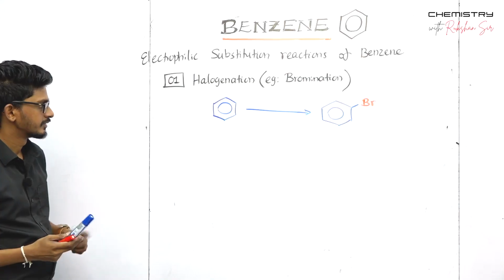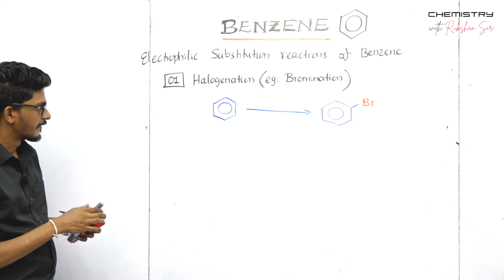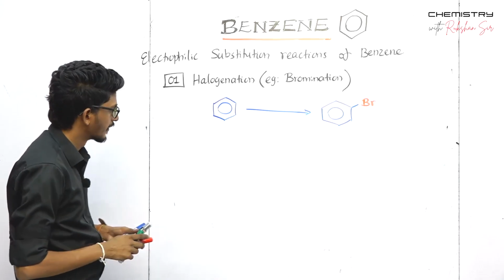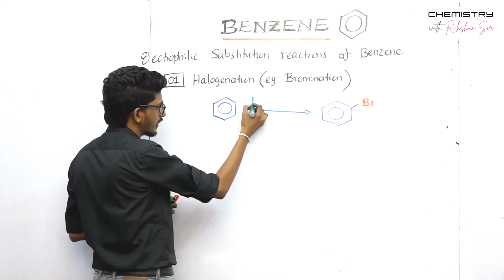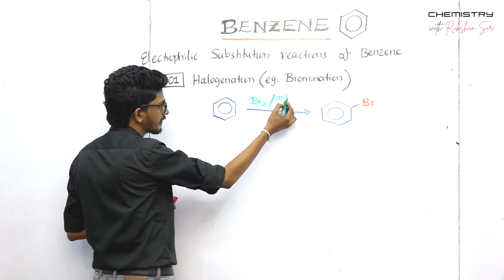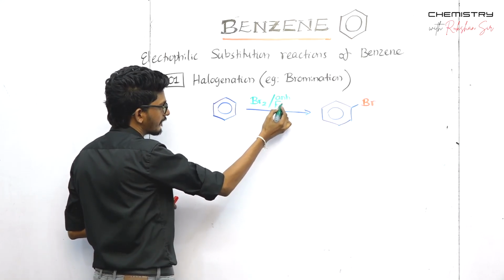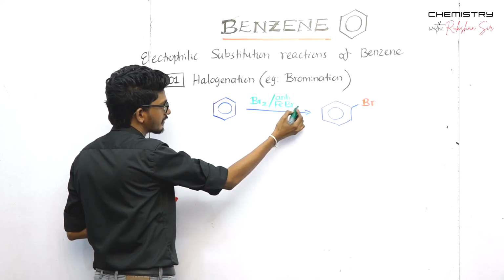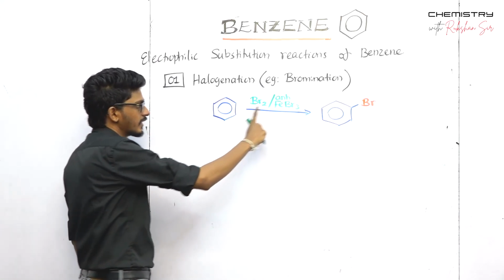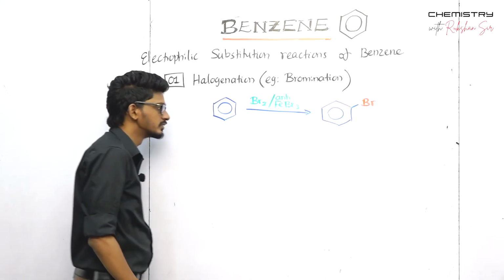To do this, we need to add Br2 in the presence of anhydrous FeBr3 catalyst. That is the reagent to connect a Br group to the ring.